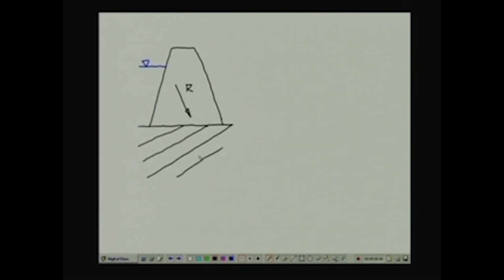So the strength of the rock that can be mobilized in this particular case is going to be maximum.